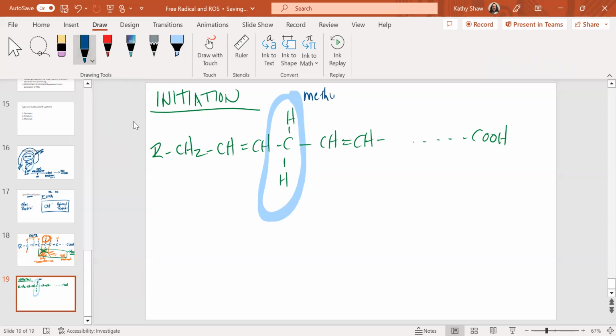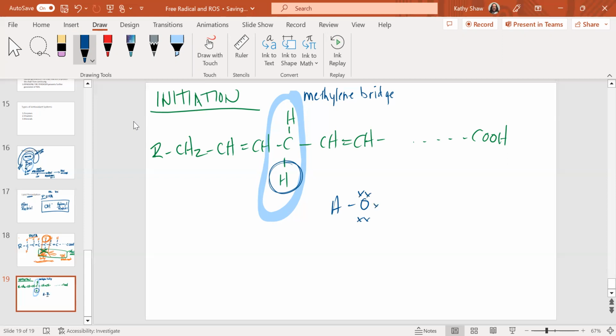And this is the vulnerable part of the molecule that the hydroxyl radical is going to attack. So like we said, these hydrogens are reactive. So what it's going to do, we have that hydroxyl radical. We can draw it this way.